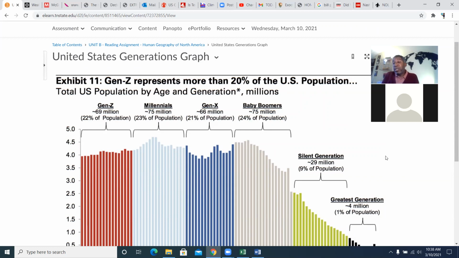So the baby boomer generation, this is the generation that came of age, very large generation. The reason it's called the baby boom is because from 1944 to 1964, the fertility rate in this country was at about 4.